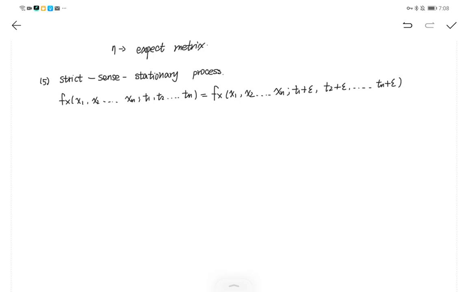This is the definition of the strict sense stationary process.